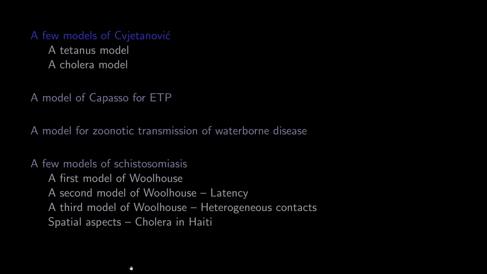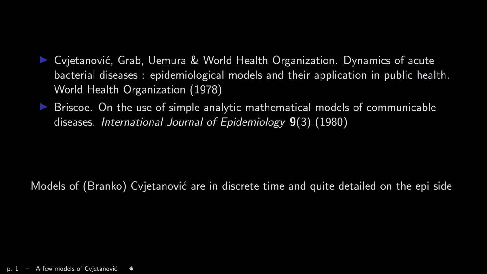And finally, I'm going to spend a little time talking about schistosomiasis, because there are quite a few models that have been formulated about schistosomiasis, and there's actually way more than I'm going to present here, and I might expand this in the next lecture. But okay, without any delay, let's get into that first type of models.